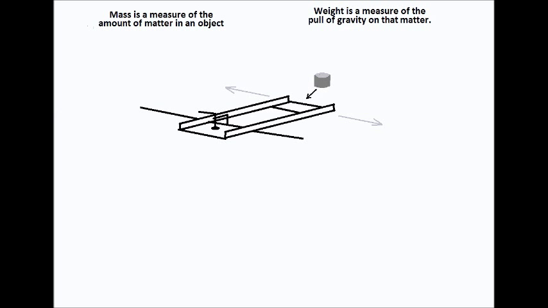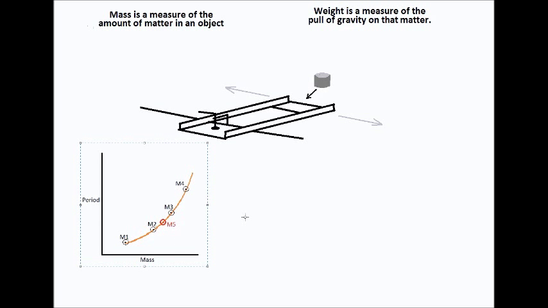And here is an example of a graph that you might have from one of these balances. And you can see here that on the x-axis we have the independent variable, which in this case is the mass that we've been changing. We have mass 1, mass 2, mass 3, mass 4, and plotted against that we have the period of oscillation on the y-axis.